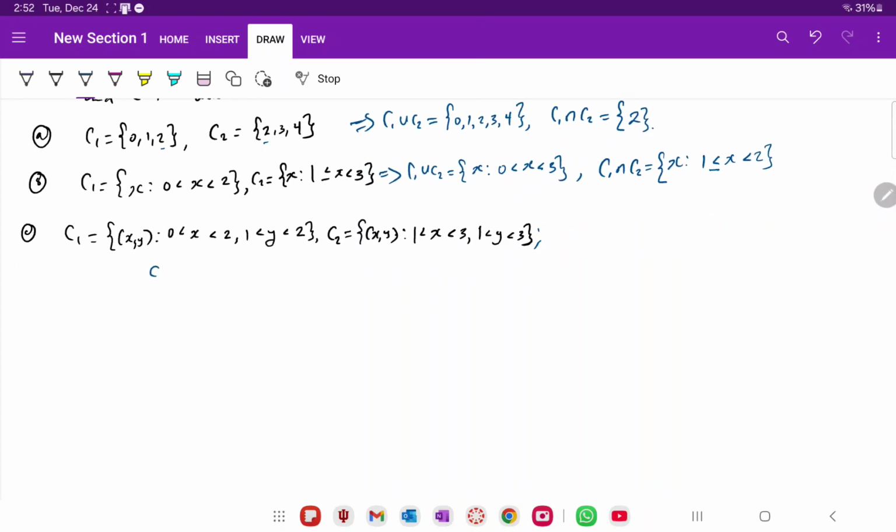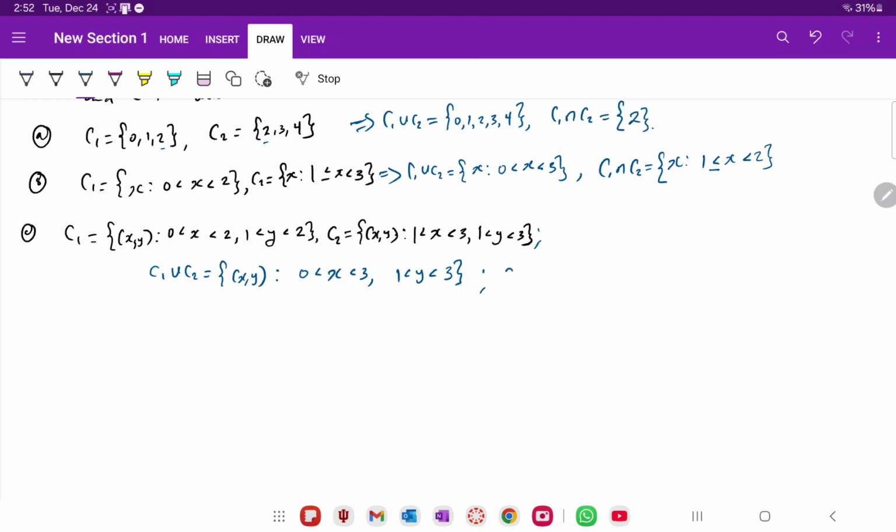And the union of these two for C will be (x, y) such that for the x value, from 0 to 2 and 1 to 3, this will be from 0 to 3, and for y, from 1 to 2 and 1 to 3, this is from 1 to 3.